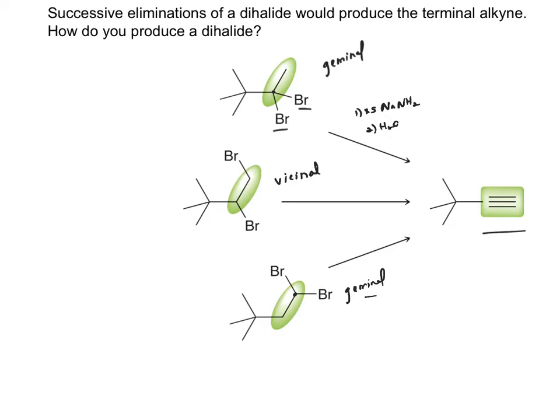Now, for the geminal dihalides, we're going to take that next step back, right? We're going to say, well, what is going to make a geminal dihalide, right? Because again, we're taking these steps in reverse. We're trying this retrosynthesis approach. We have only seen one reaction that can produce a geminal dihalide at this point in time.